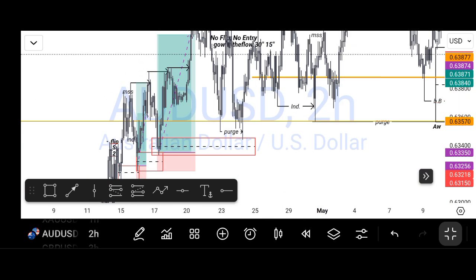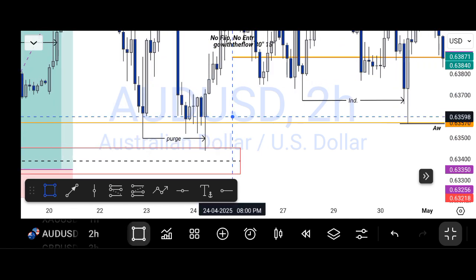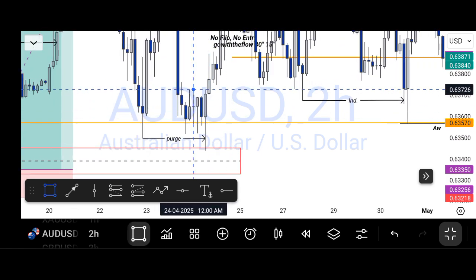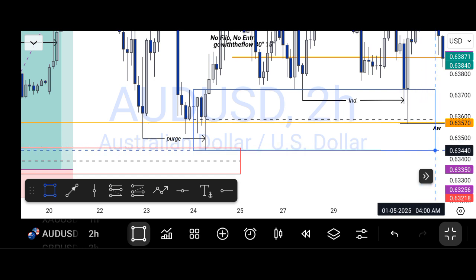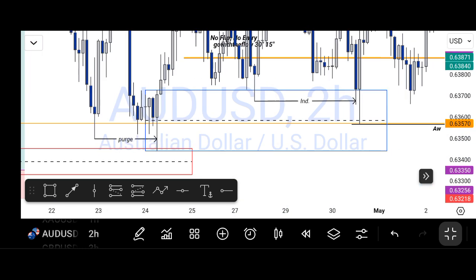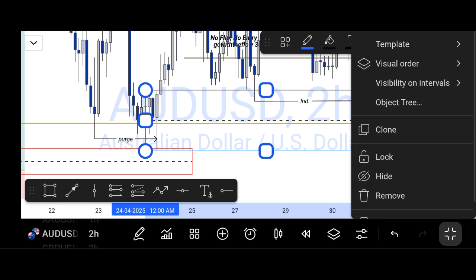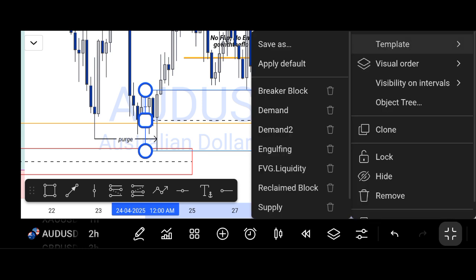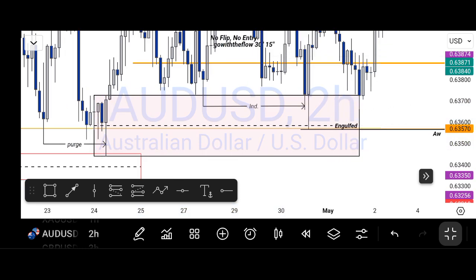So let me just mark out the engulfing candle. This is our engulfing candle on the 2 hours time frame. Sometimes if you see an engulfing candle, it's just for you to take the entry at the midpoint of the engulfing candle.